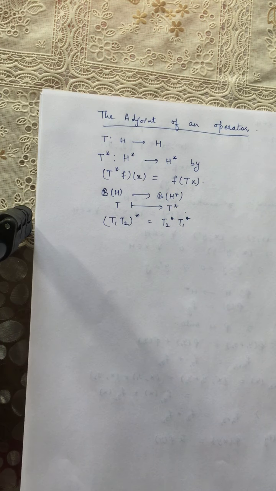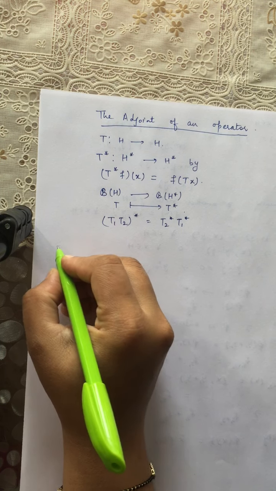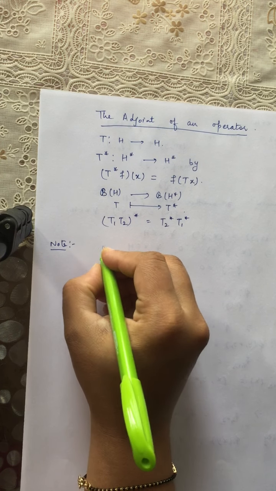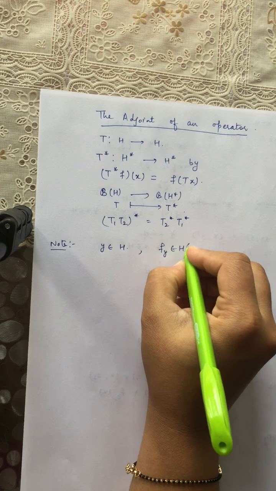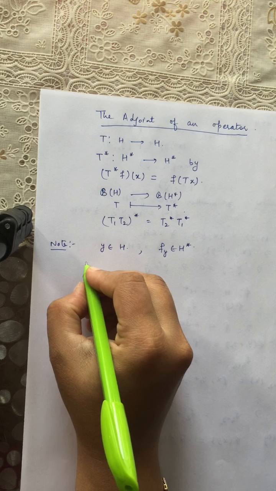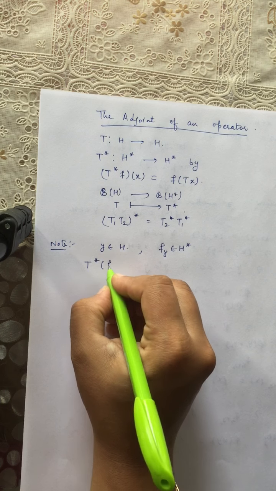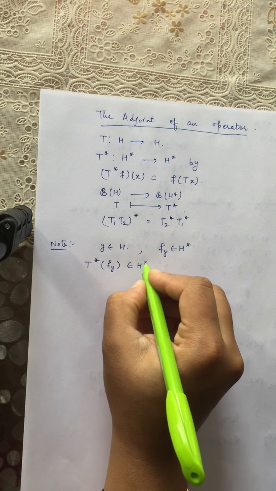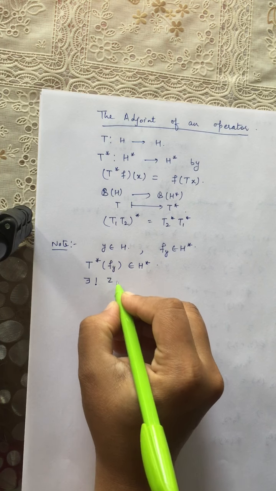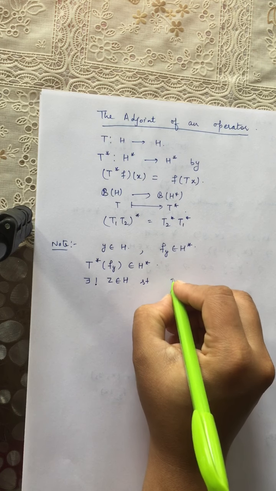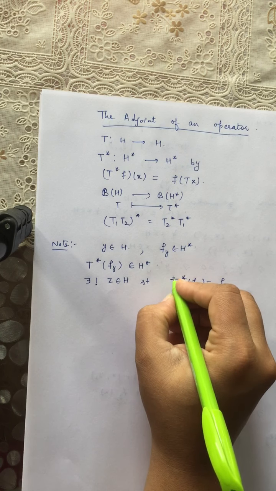So we consider here three mappings. Firstly, for any y in H, we know fy belongs to H star. Now since T star is the conjugate, mapping H star to H star, T star of fy also belongs to H star. And we know for any functional in H star there exists a unique vector z in H such that the functional T star fy is just fz.